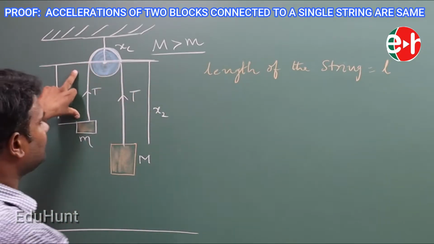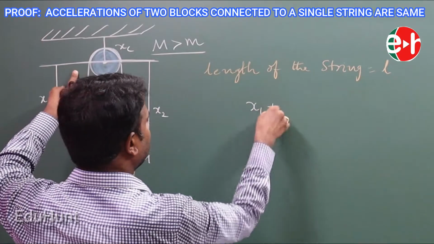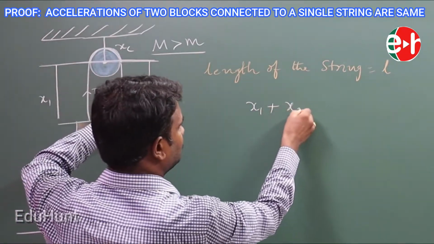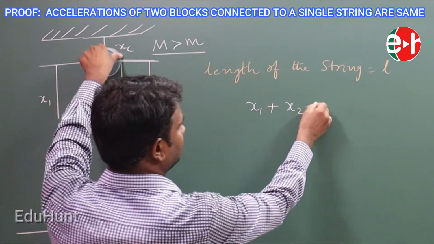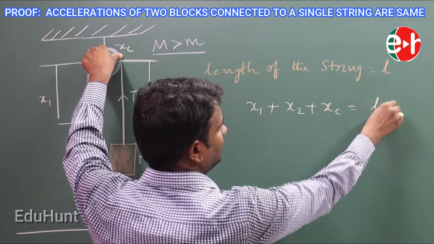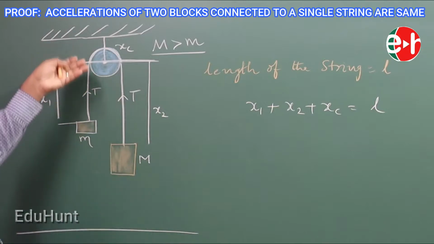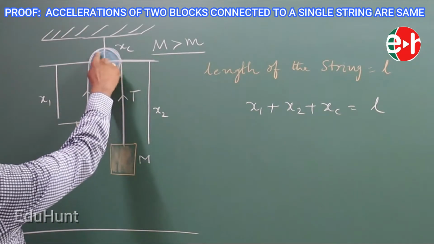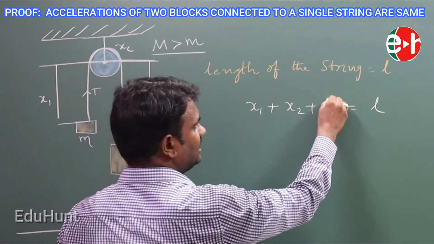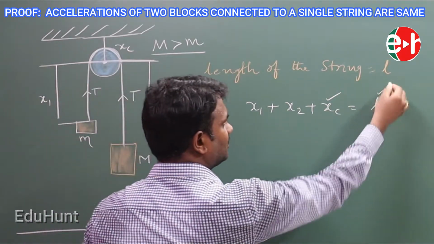Means our x1 plus x2 plus xc is equal to how much? Length of the string. Here, though it is moving like this or like this, the length remains a constant. Means here this xc is constant and L is constant.